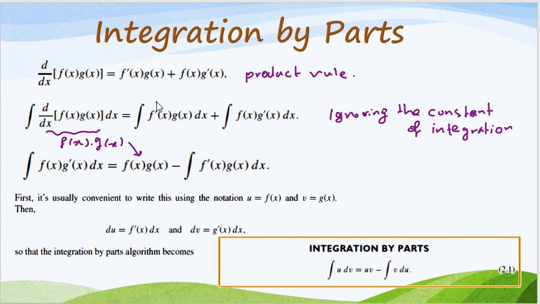We can move this to the other side and change the sign, like this. This is the product rule.